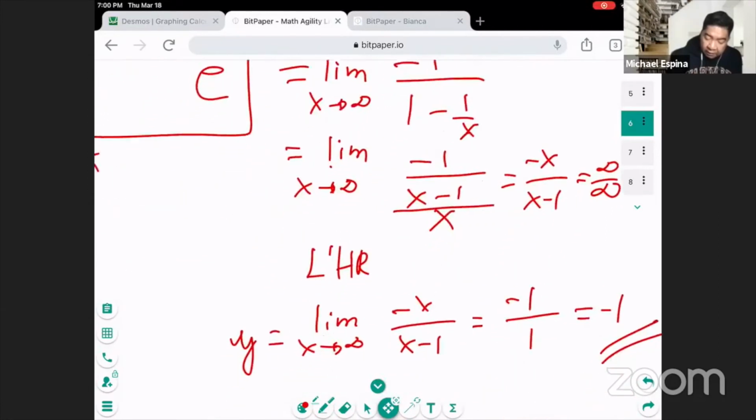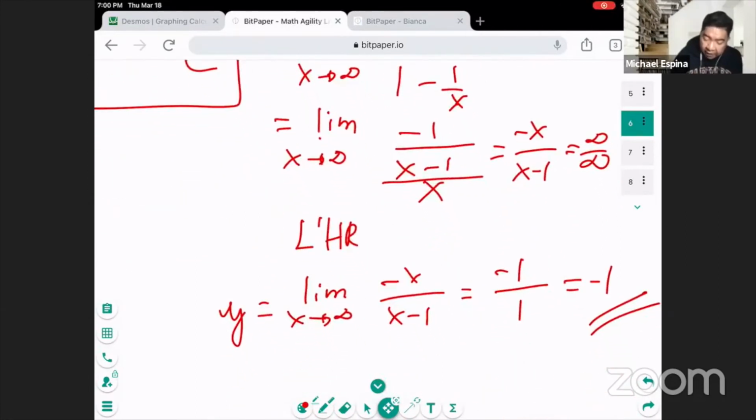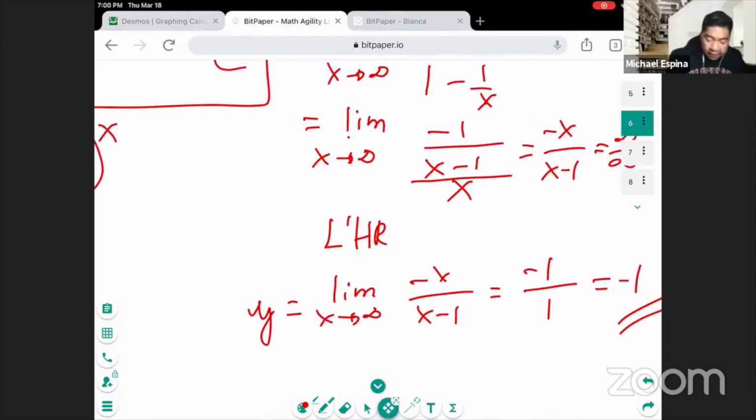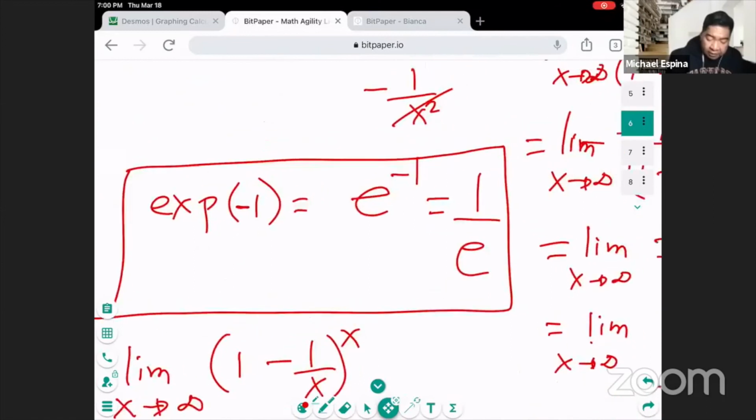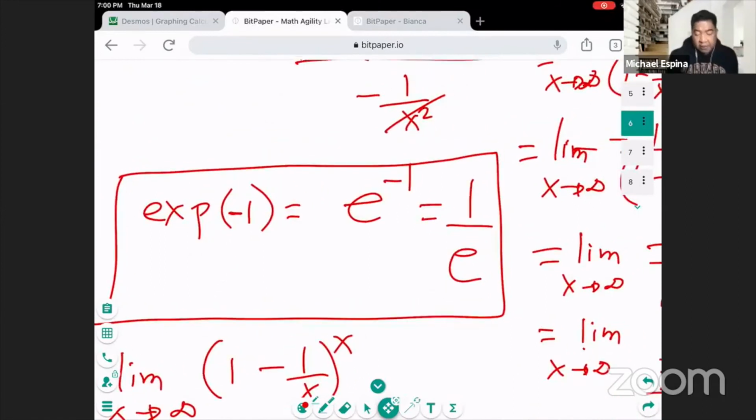So we did another L'Hopital's rule, and we arrived at negative 1 over 1. So this is our y. Then we substituted back to our original equation. So exp of negative 1 is e to the negative 1, and that is 1 over e. Okay, all right. So that is for problem number 6.